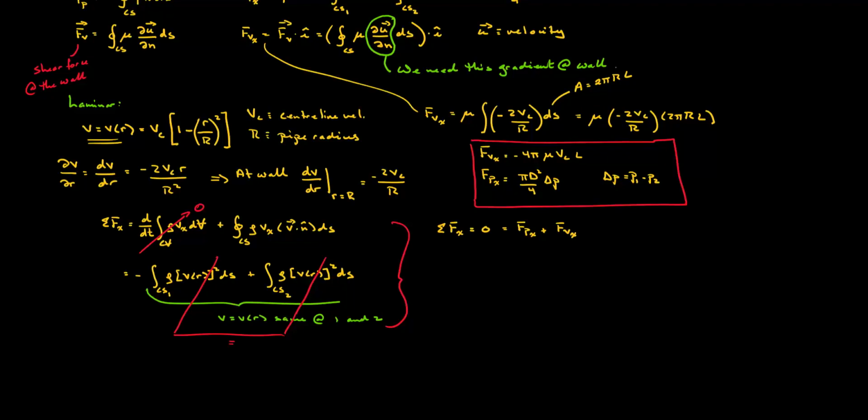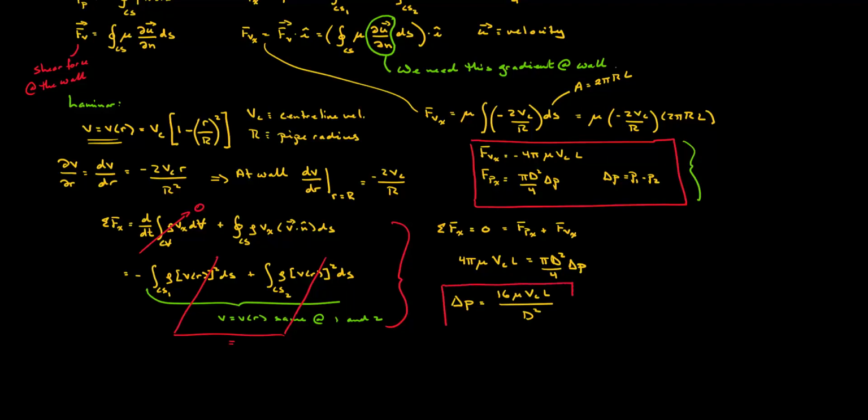Using our results from before, 4 pi mu Vc L is equal to pi d squared over 4 multiplied by delta p. This allows us to find the pressure drop between 2 points, which we find to be equal to 16 mu Vc multiplied by L divided by the diameter squared.